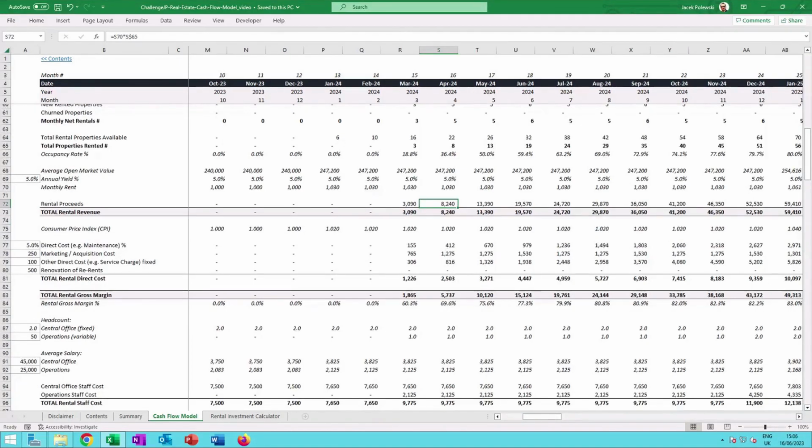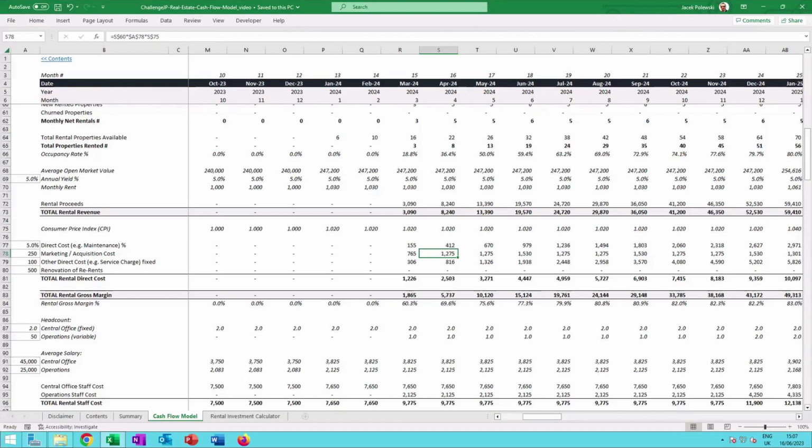Similar to what we did with the sales cash flow, we can estimate some of the costs as a percentage of the revenues. For example, you may decide that you want to allocate a percentage of your revenues into maintenance. There are also some fixed costs. For example, the model here assumes that every time you have to rent a property, there will be some marketing or acquisition cost.